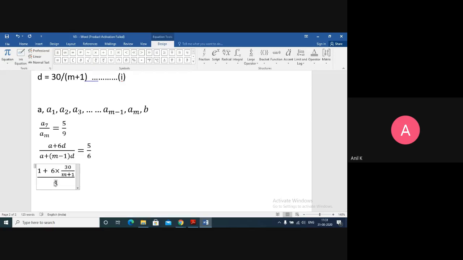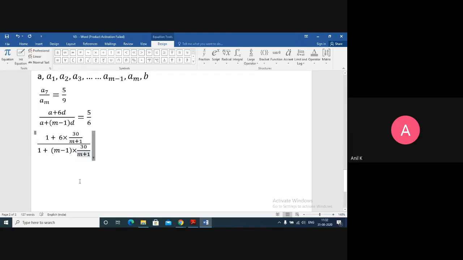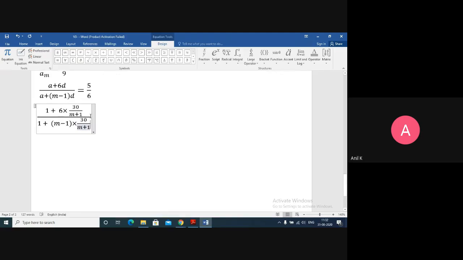Here also you will get 1 plus, put the bracket, m minus 1 multiplied by d, and d value is again 30 upon m plus 1. So take the LCM here, then after taking the LCM, you simplify the fraction. Let me show you. If I take the LCM, you'll get 1 into m plus 1 is m plus 1. 6 into 30 is 150. Sorry, 180.